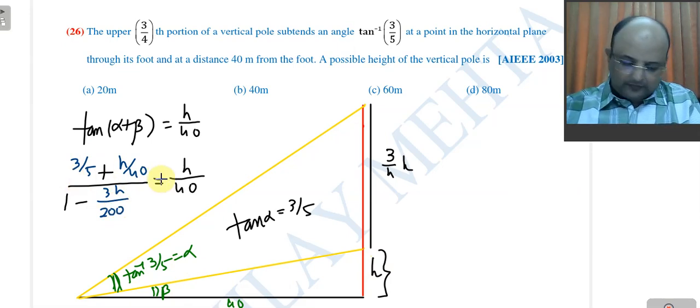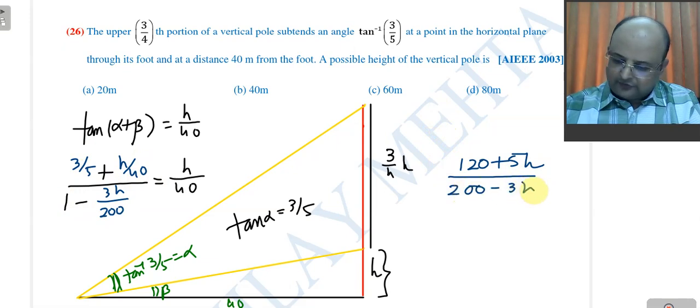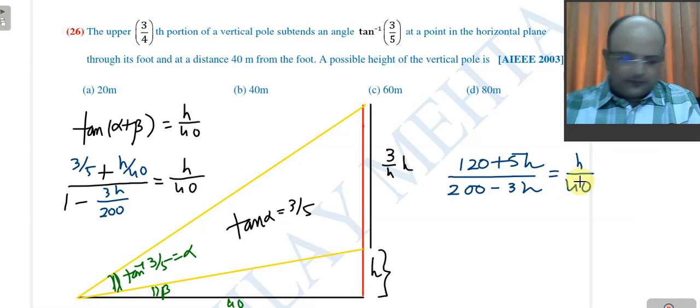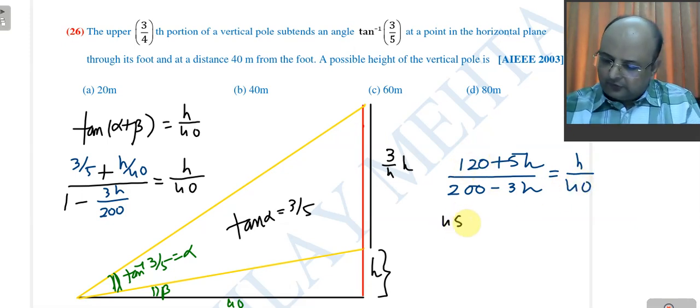So this is 120 plus 5h upon 200, which will be cancelled with this, so it will be 200 minus 3h. Your h upon 40. Not that much calculative, it is now easy. 40 into 120, that is 4800 plus 45 are 200h.